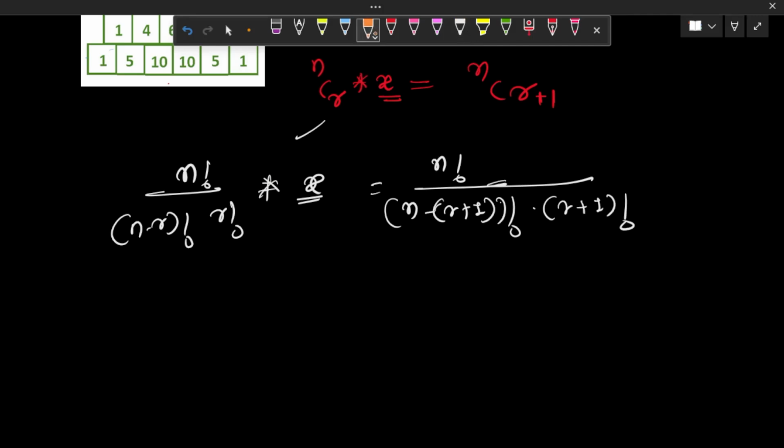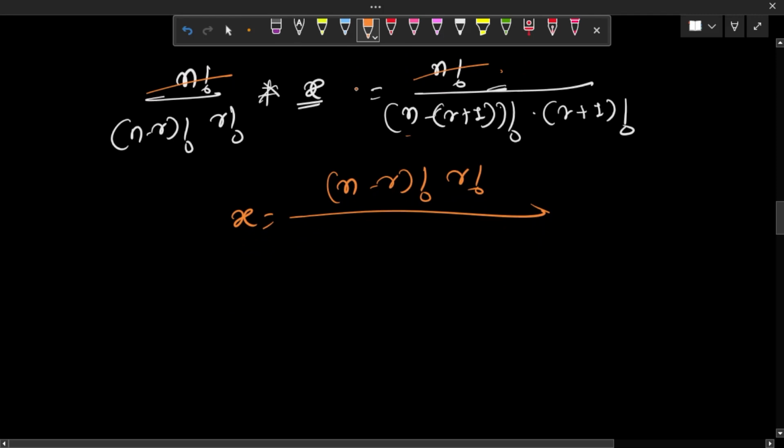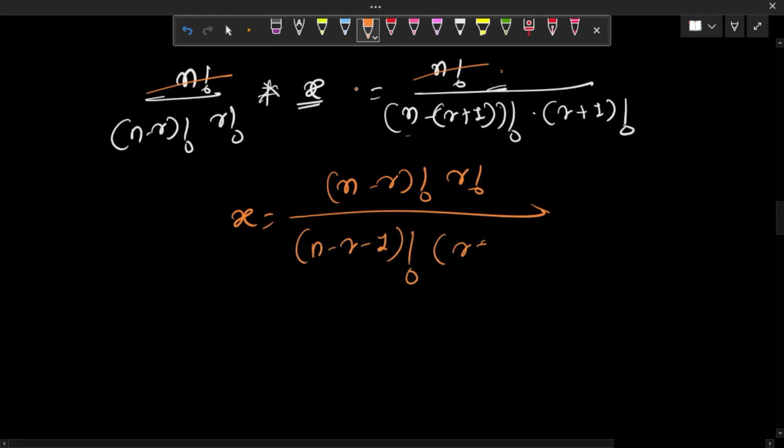Now these two are the same, so they cancel, and x becomes n minus r factorial upon r factorial, times r plus 1 factorial upon n minus r minus 1 factorial.